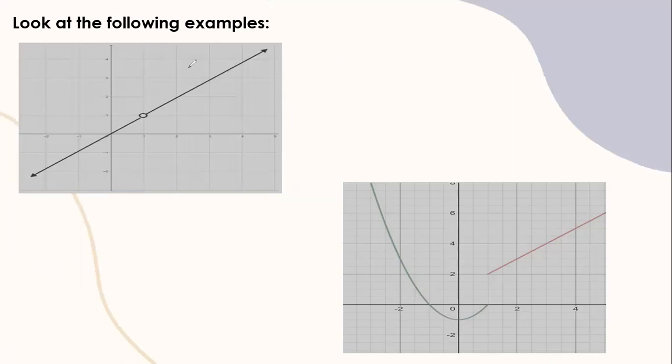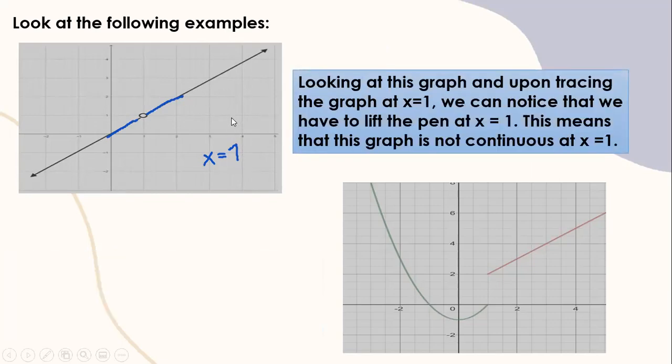So let us test if the function is continuous at x is equal to 1. At x is equal to 1, we encounter a hole. So thus, the first graph is not continuous at x is equal to 1.